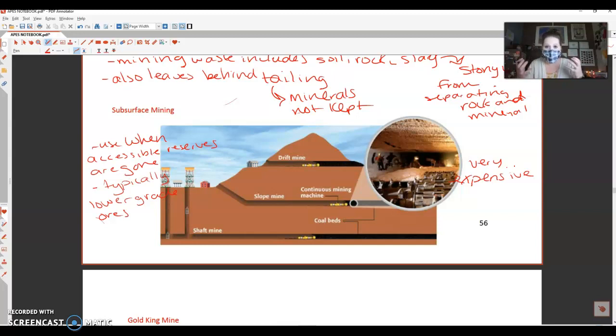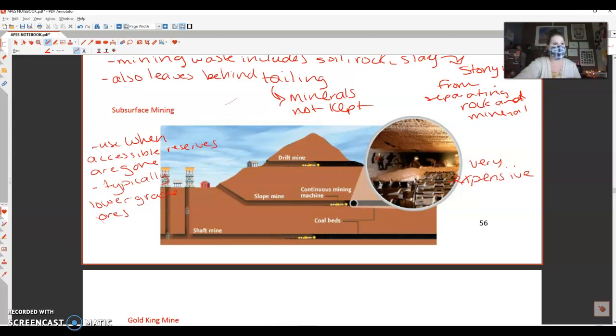Okay, and there have been lots of accidents where mines have collapsed and people get trapped. So I'm going to be posting a discussion post about the Chile mine accident that happened a few years ago. So you'll kind of understand how all this works.